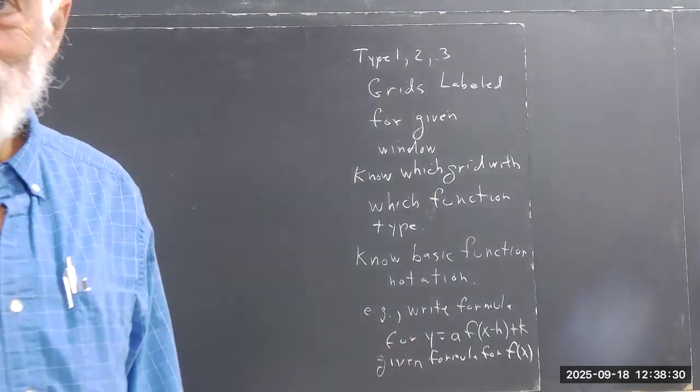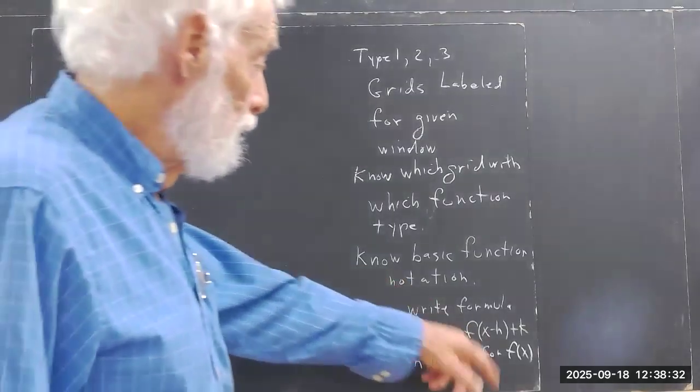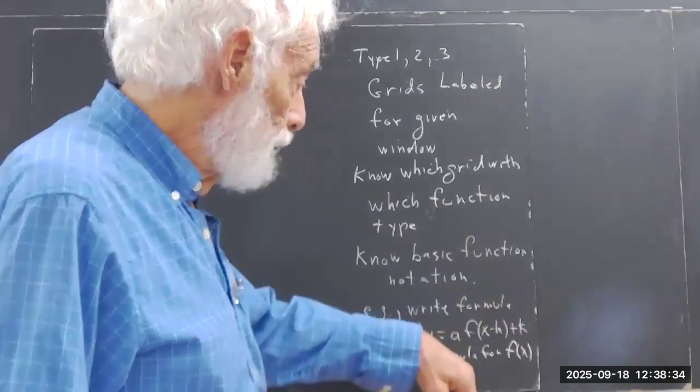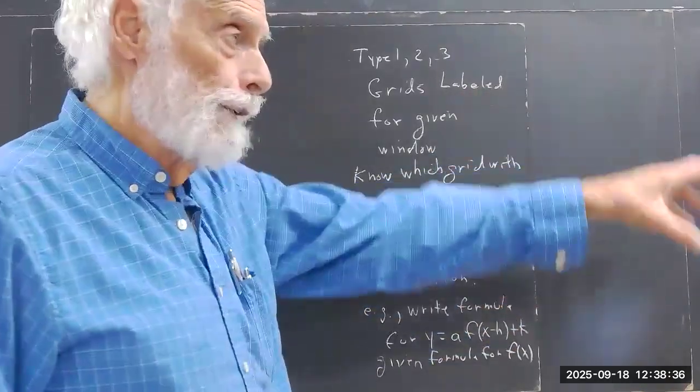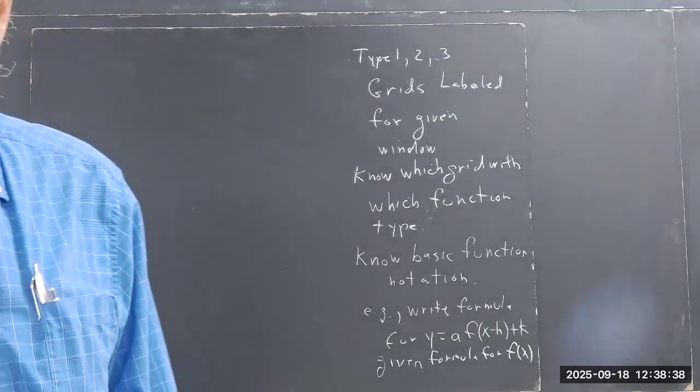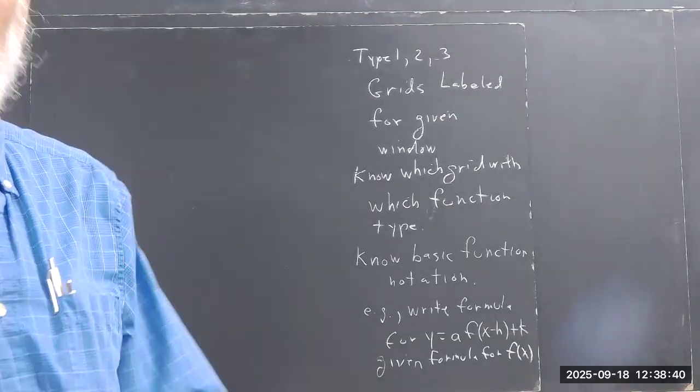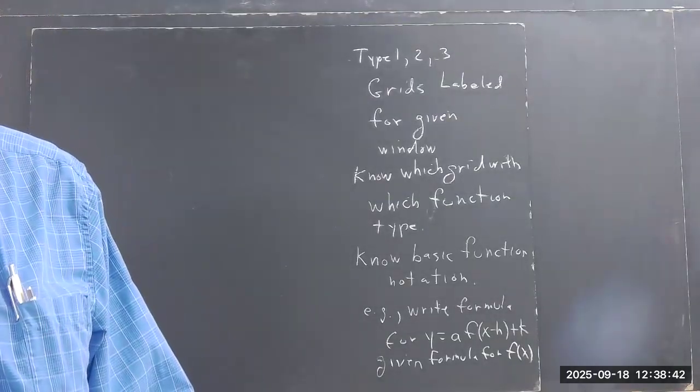It's a substitution. You put an a out in front, you replace x by x minus h in the formula, and you tack a plus k on the end. We've done that numerous times. Okay.